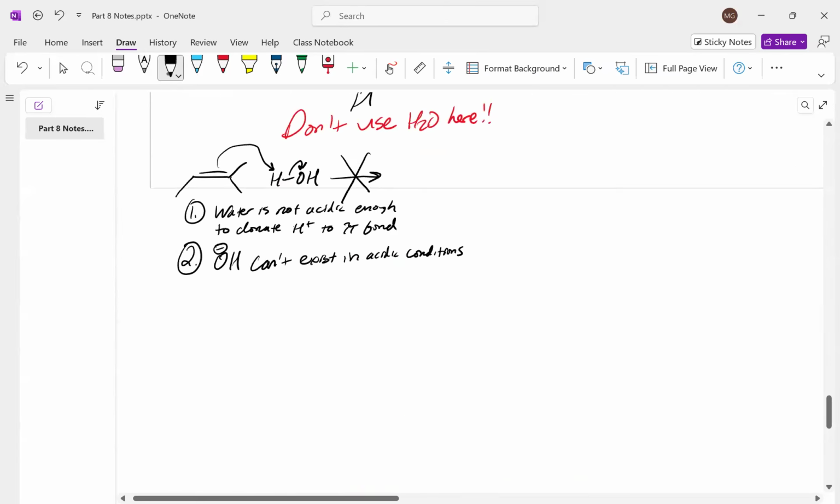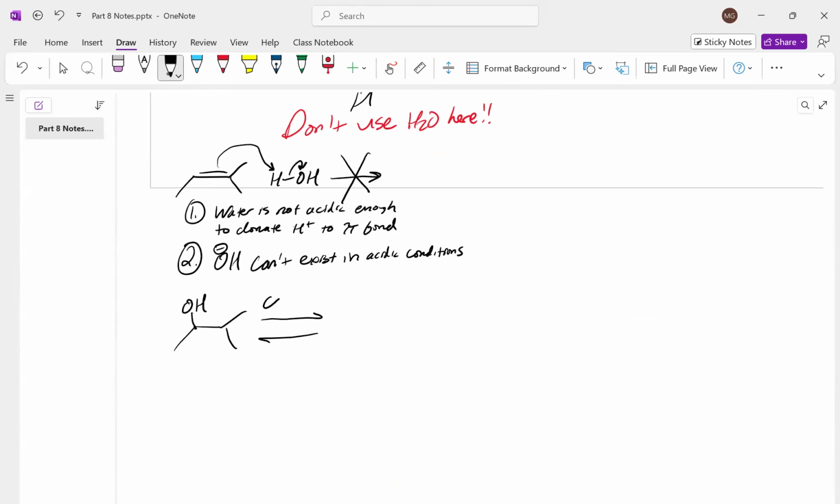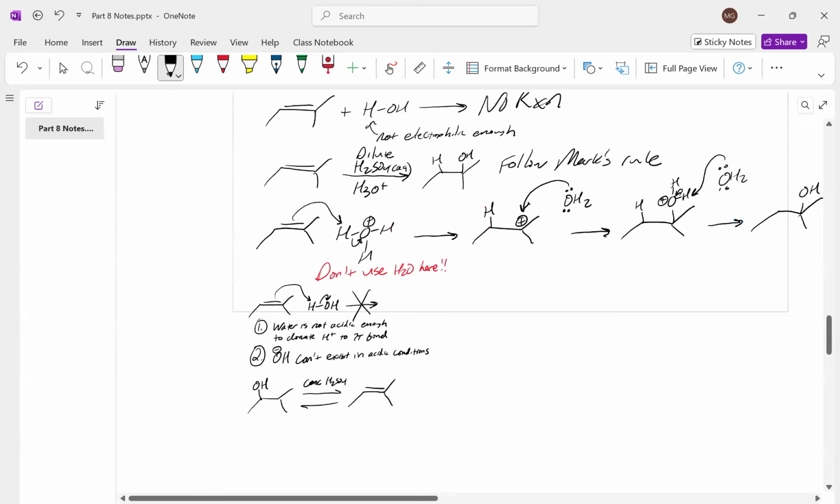Now, one of the things you might be thinking about is, wait a second, doesn't something look familiar compared to a previous chapter? We took an alcohol and concentrated sulfuric acid to do an E1 elimination. Wait a second.